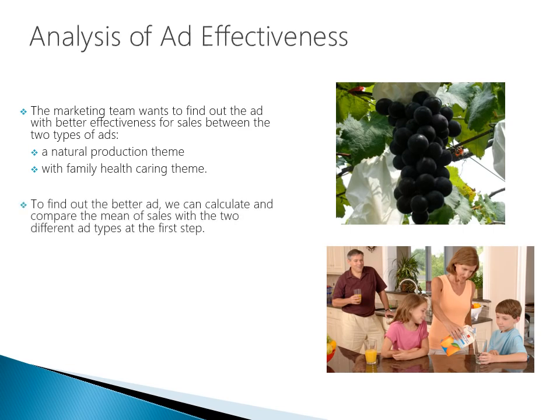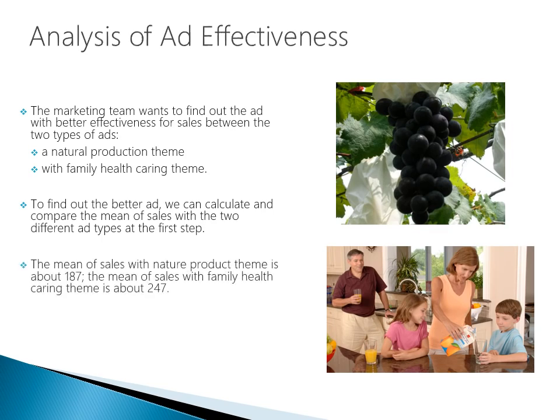To find out which is the better ad, we can calculate and compare the mean of sales with the two different ad types as a first step. The mean of sales with the natural product theme is about 187, and the mean of sales with the family health caring theme is about 247.